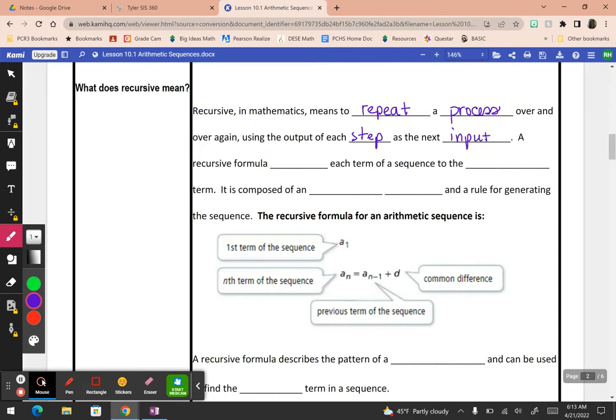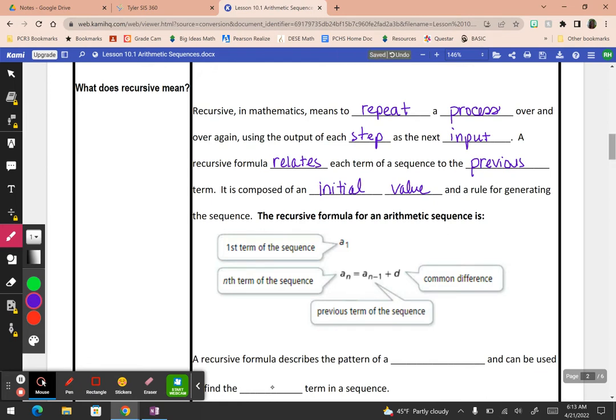Okay, so a recursive formula relates each term of a sequence to the previous term. It is composed of an initial value, so the starting amount, and a rule for generating the sequence.